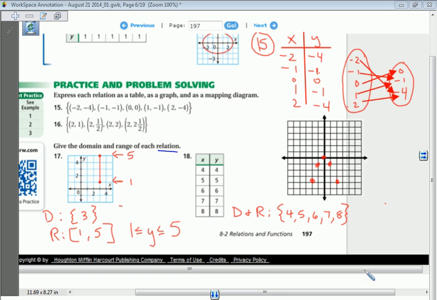Now, if we were taking a standardized test, they still may write it as a compound inequality. But this means the same thing as that. So by the time we see those at the end of the year, we should be able to make that connection. And then this one, we just have a set of discrete points. So our domain and range for both of those would be the set 4, 5, 6, 7, 8.